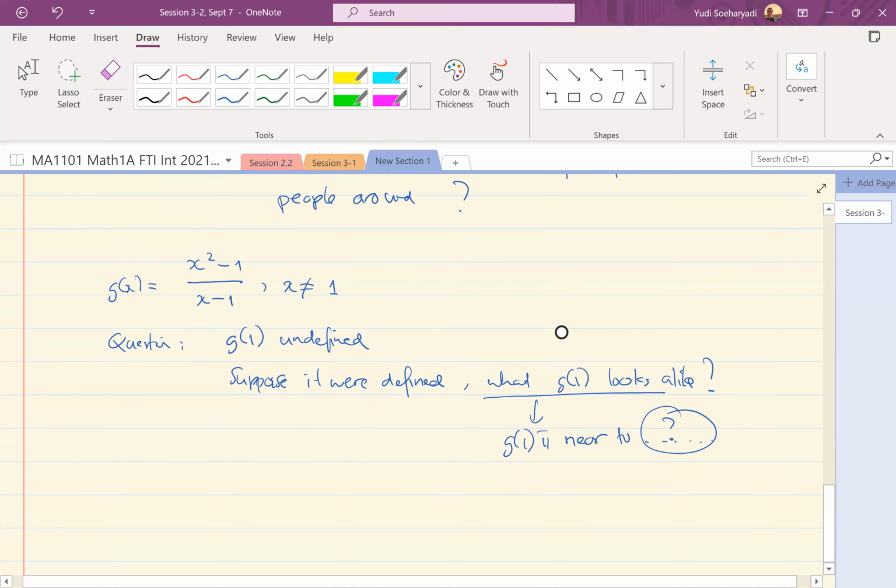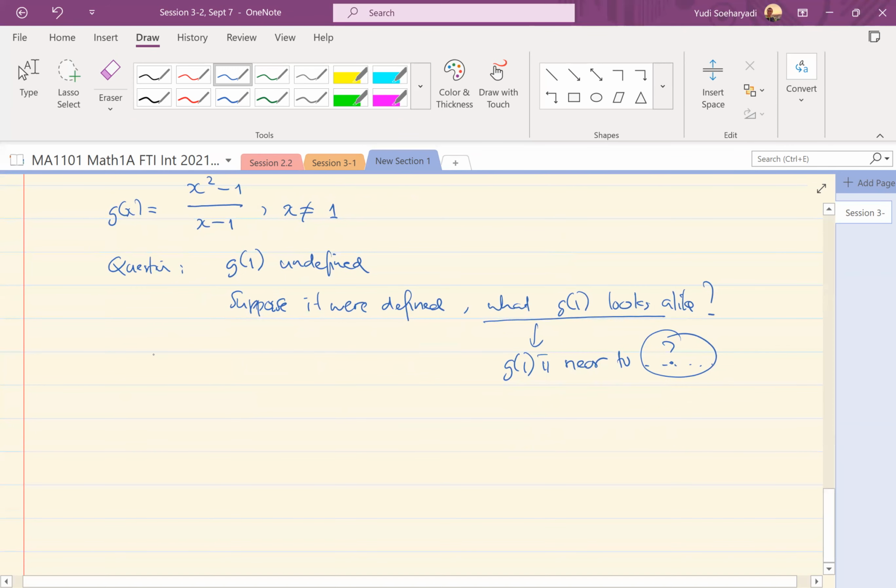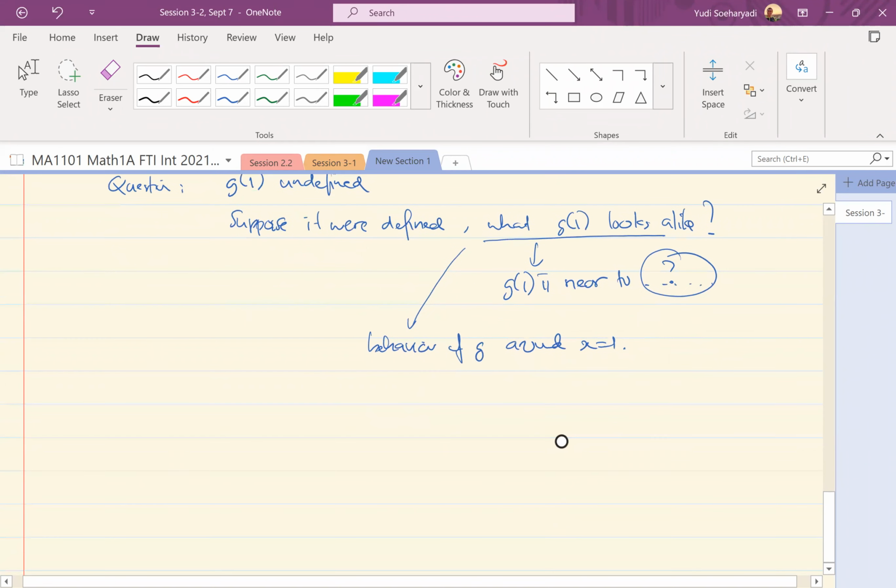So now the idea is, this is the behavior of g around x equals 1. Okay, and these notations here are summed up by these notations: limit of g as x approaching 1. Okay.